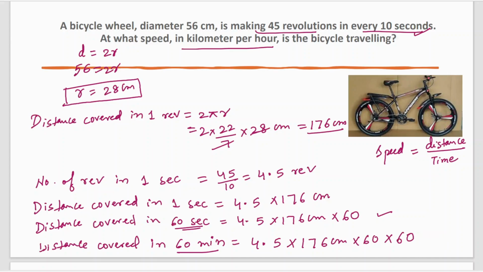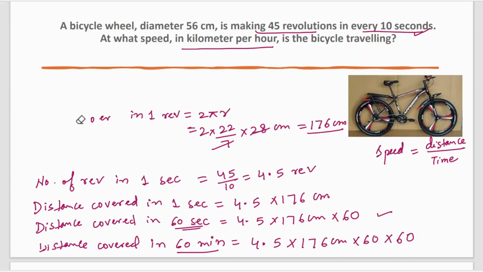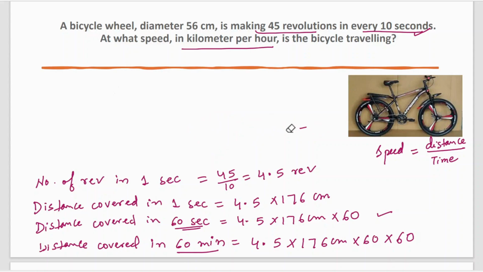Okay, so now let me write this. I have to erase the above data. So now we have got the distance covered by the wheel in 60 minutes, or you can say in 1 hour.